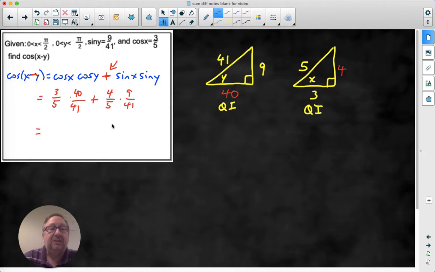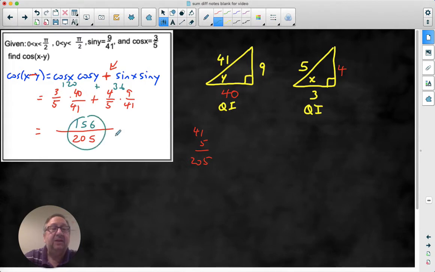Looks like we're going to get this common denominator of 41 times 5, 205. And we get 120 plus 36, so 156. It's a big division sign, but there you go.